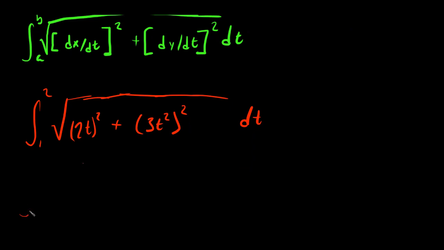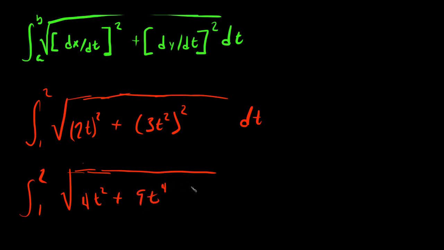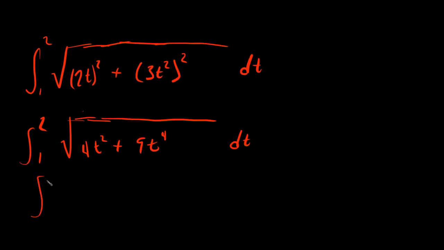This is the integral from 1 to 2 of the square root of 4t squared plus 9t to the fourth dt, which you can take a t outside, so you get the integral from 1 to 2 of t times the square root of 4 plus 9t squared dt.